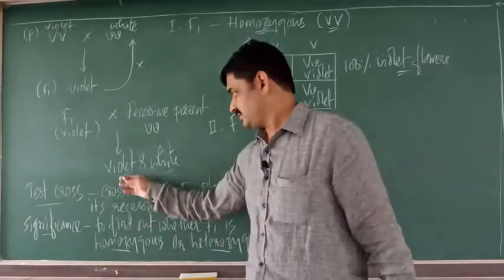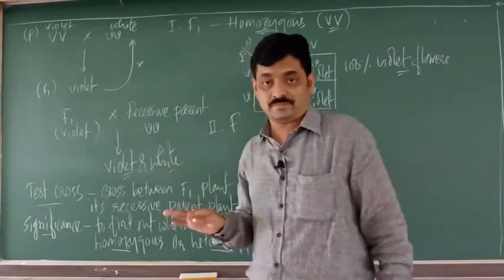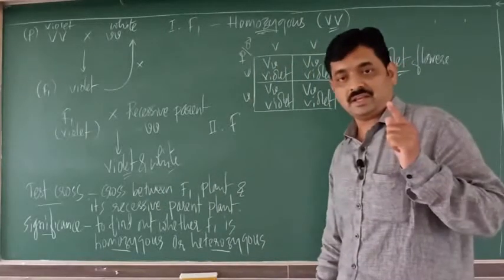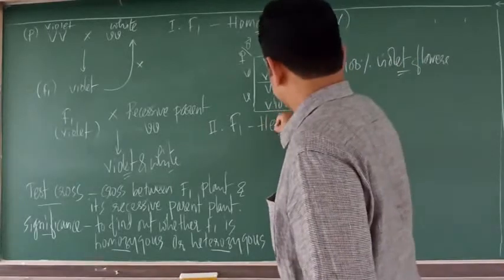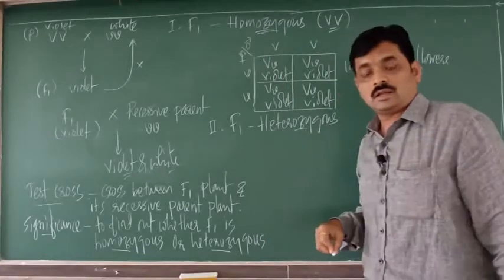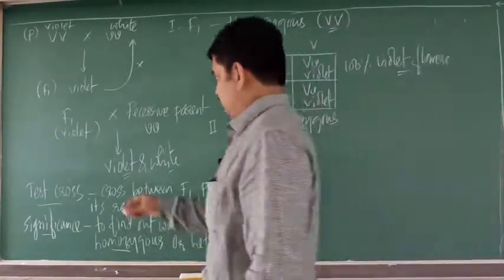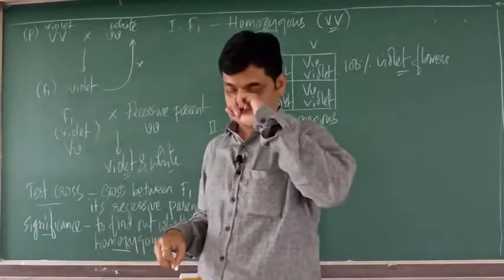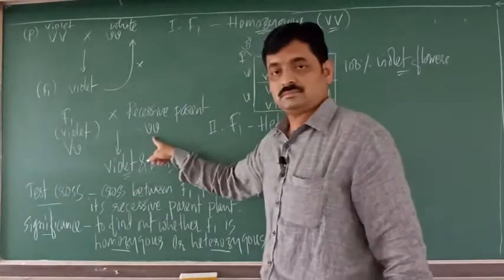So 50% plants may produce violet flowers, 50% offsprings may produce white flowers. So in that case, the F1 has to be heterozygous. So here this is the heterozygous condition, one dominant gene and one recessive gene. Whereas here it is recessive.